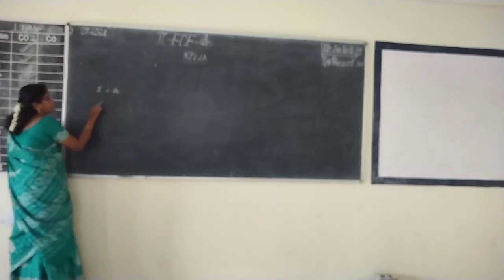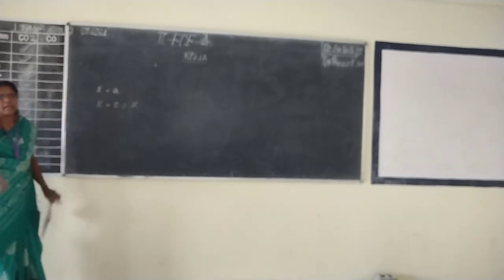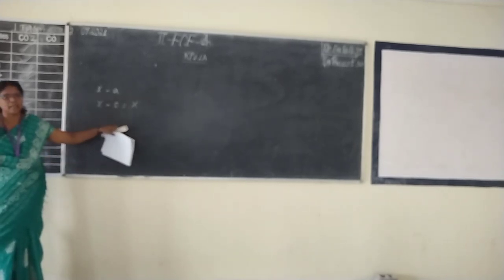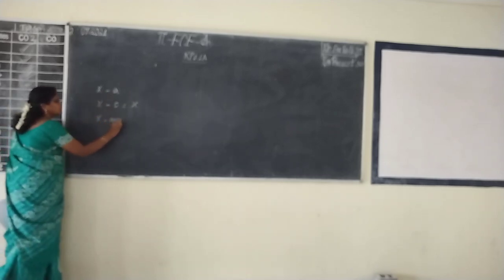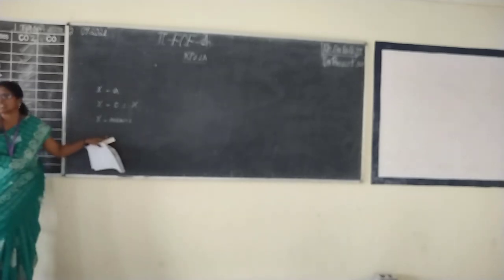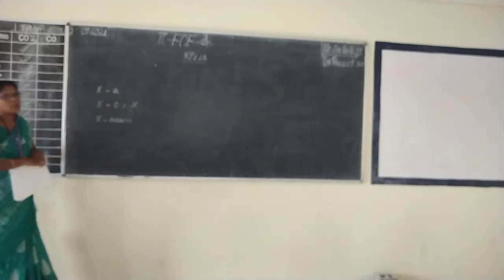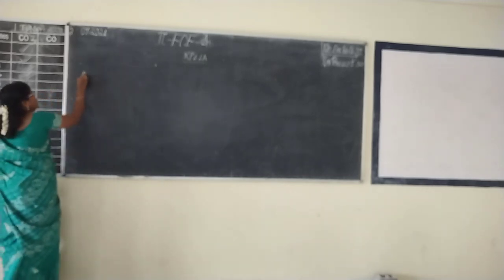For x minus 0, which is x, and the other one is x minus mean value. So we are going to discuss two moments. Take down. Moment about origin.